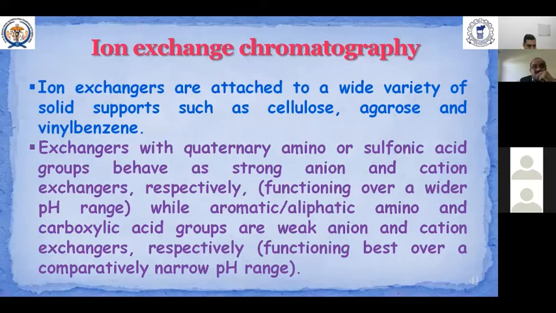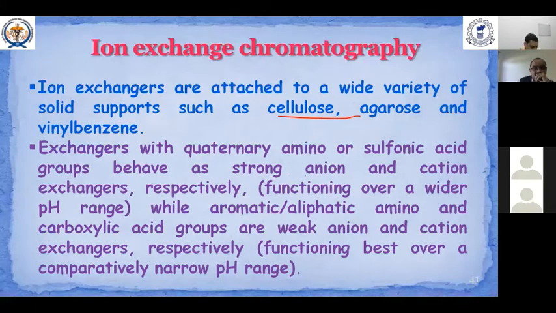These ion exchangers are attached to a wide variety of solid supports such as cellulose, agarose, and vinyl benzene. These exchangers may be of strong type or may be of weak type.